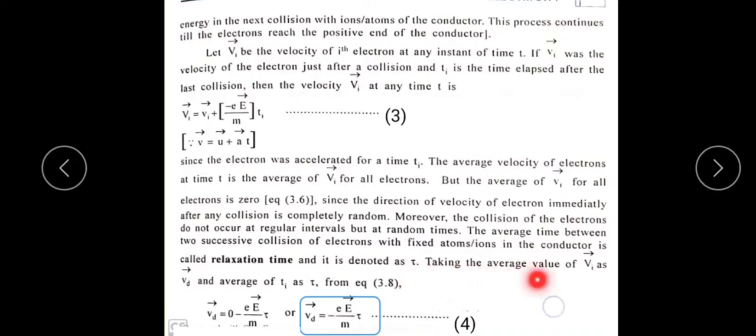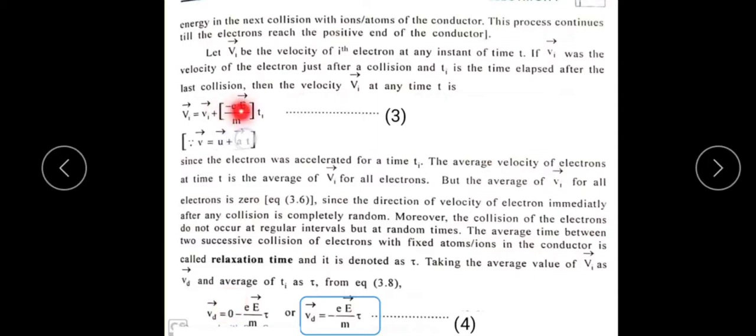Taking the average value of vi as vd, and the average ti as tau, equation number 3 becomes: instead of vi we write vd. The average velocity is 0, so that term is 0 here.